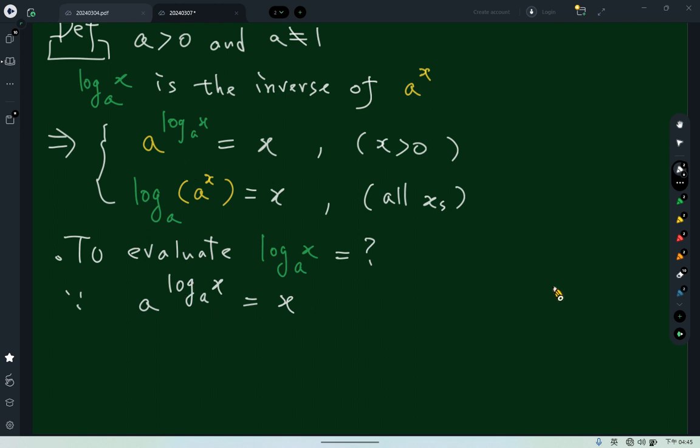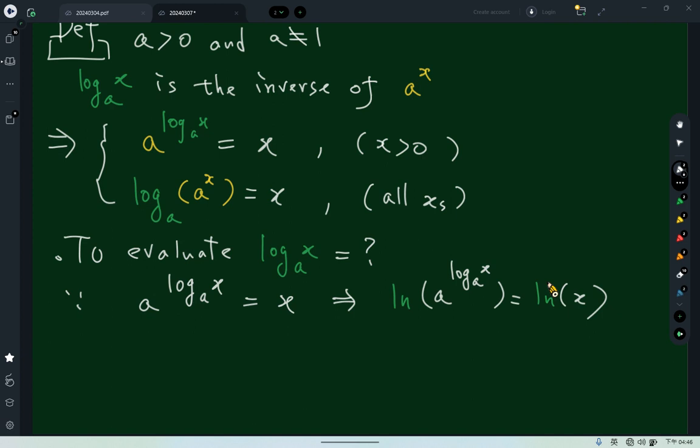Then we try to take the logarithm on both sides: ln of a to the power of log a x equals ln x, right? So here we already have the equality.